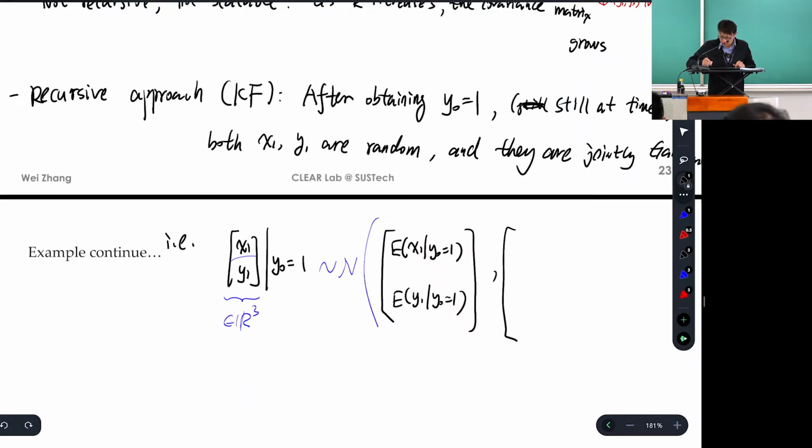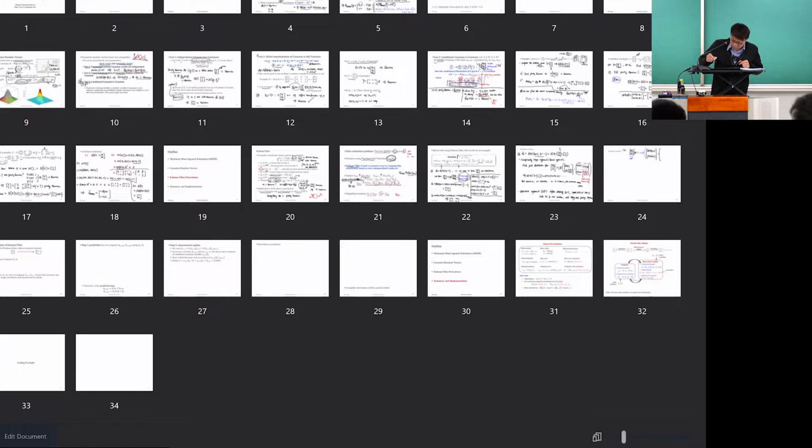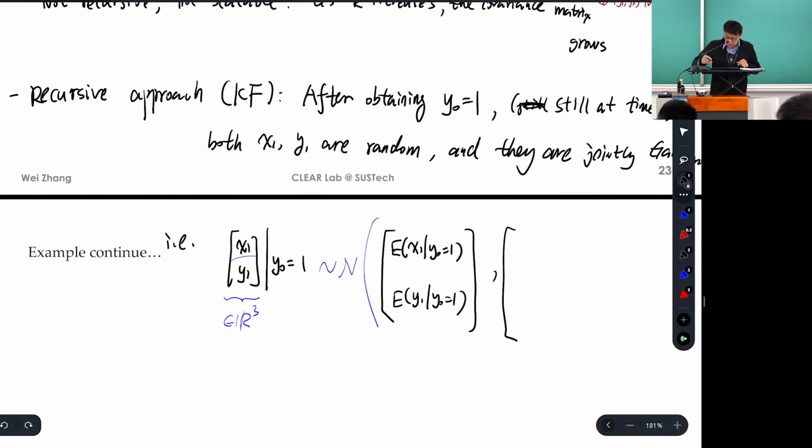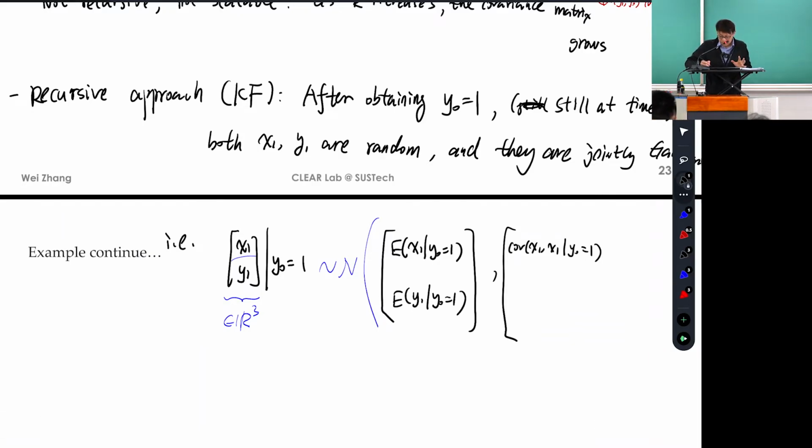Now inside here, I will have the covariance of x1 with x1, but it's not the original unconditioned thing. Something happened that changes my belief about x1. What happened? y0 equal to 1.